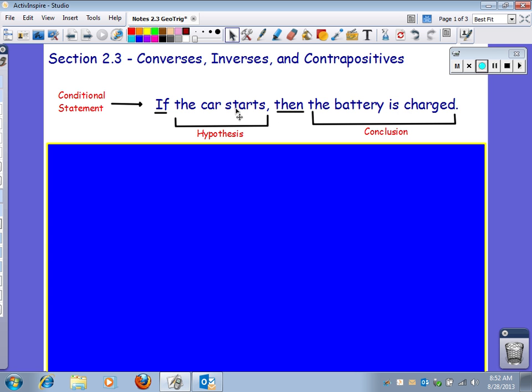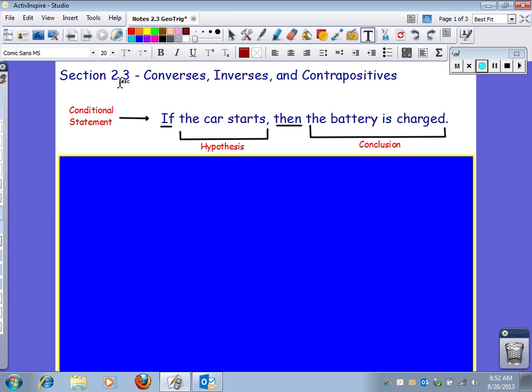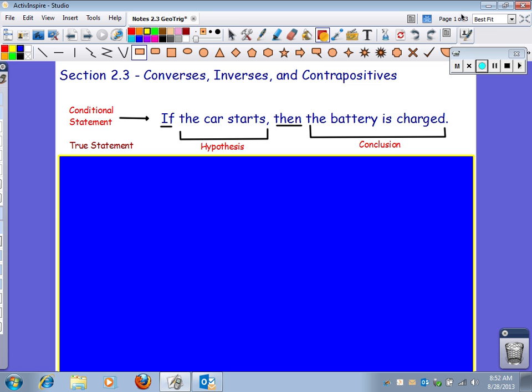So do you think that that's a true statement? If the car starts, then the battery is charged. Yes, that is a true statement. So let's write somewhere over here the fact that that is a true statement. And let me put an arrow.